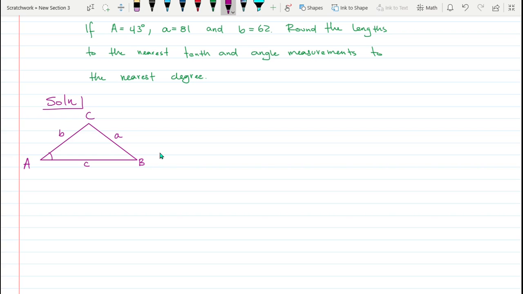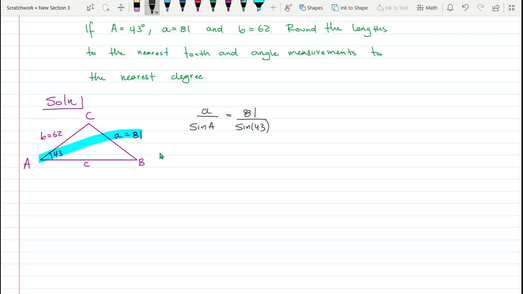So this is 43. The length of B is 62. And length of A is 81. So we have a ratio that's given, which is this one right here, right? We have A over sine of A, and that is 81 over sine of 43 degrees.